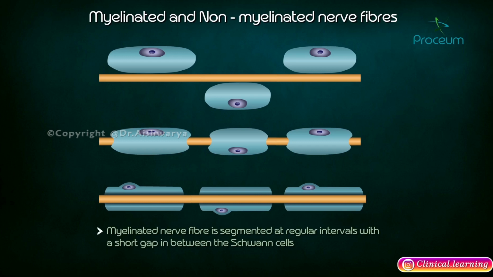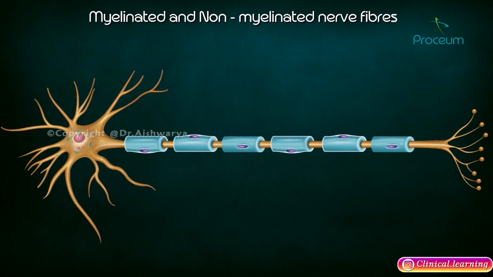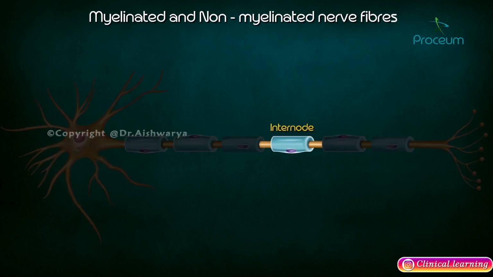Because of this, the myelinated nerve fiber is segmented at regular intervals with a short gap in between the Schwann cells, termed nodes of Ranvier, and the part of the nerve fiber between these nodes is called the internode. The length of the internode varies from 150 to 1500 micrometers.